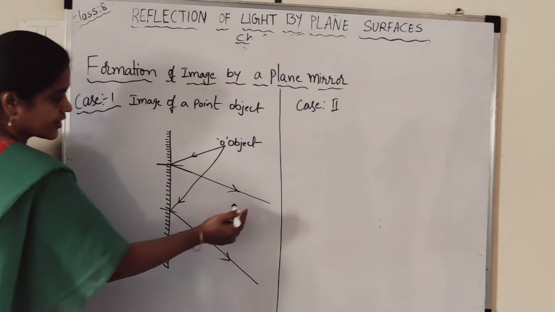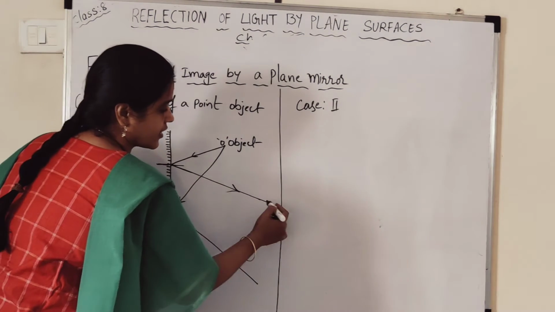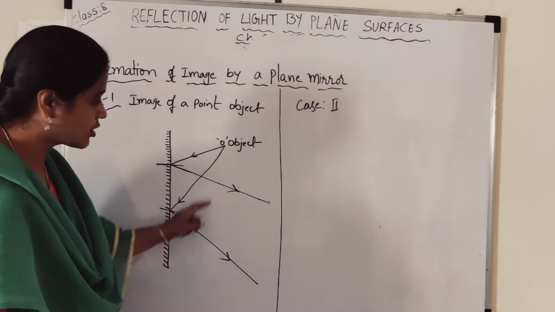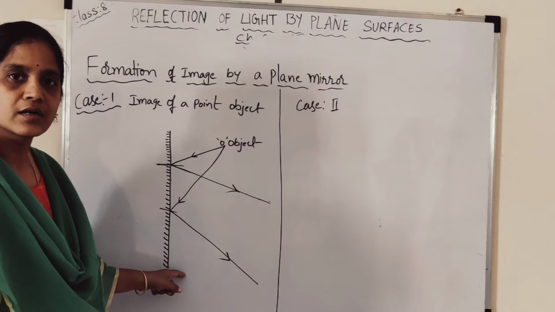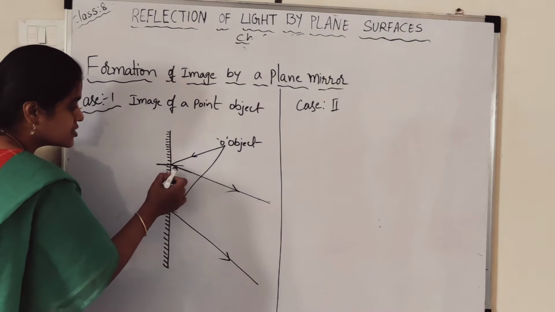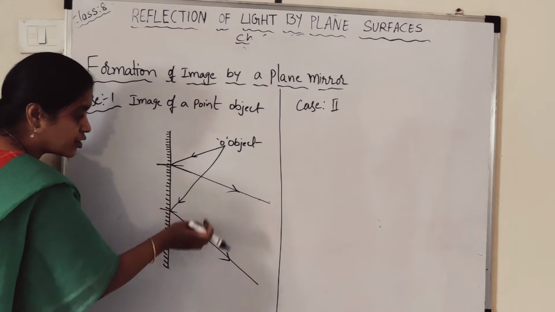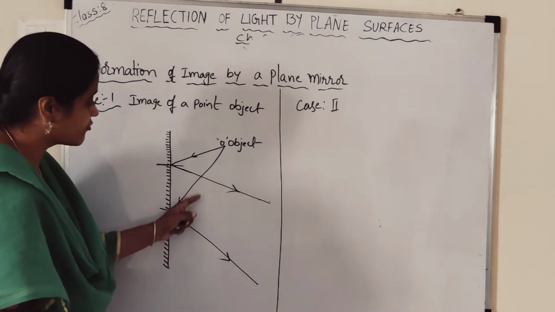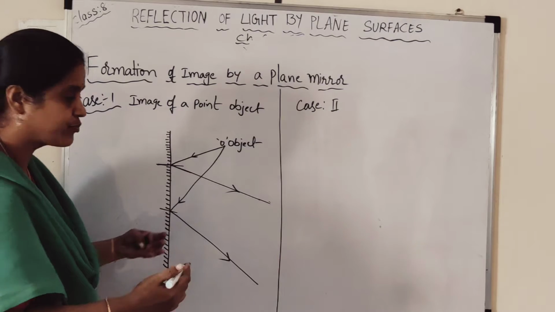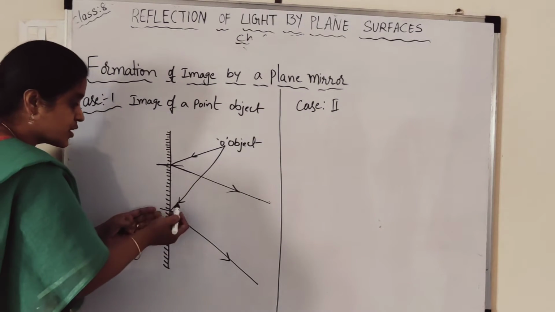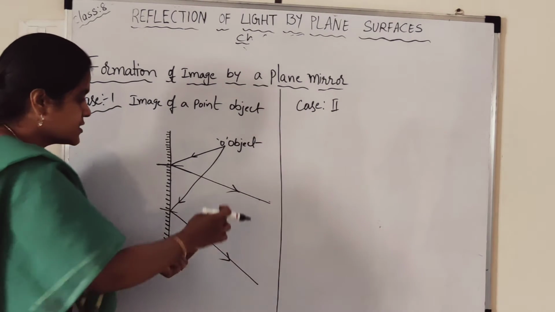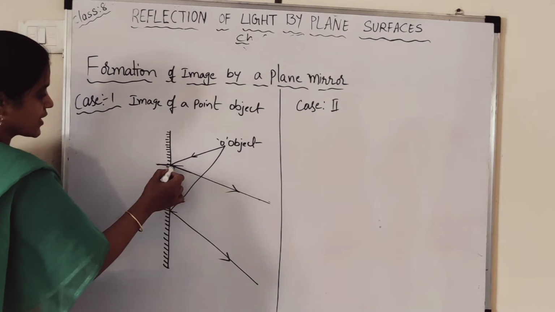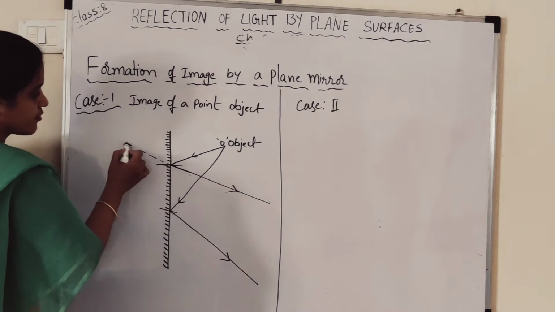See, when you extend these reflecting rays, they will not meet. Then just find the origin of these rays. From where are these reflected rays coming? Just observe, it seems to be coming from the mirror. So just extend these rays.